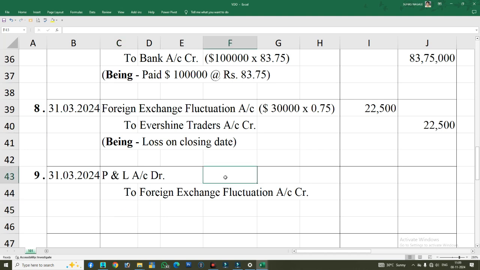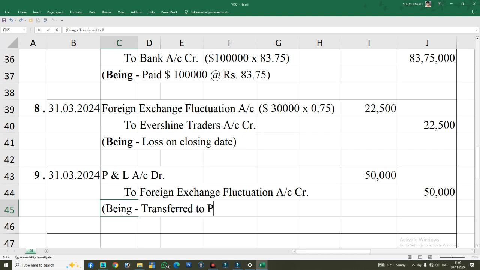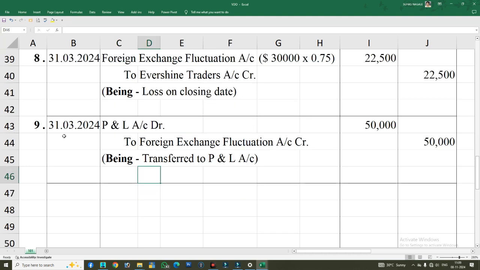The amount we have already calculated as per the foreign exchange fluctuation account is 50,000. Write the same as it is, 50,000. Write the narration: being transfer to P&L account. This is the transfer entry, transfer to final account. This is the last entry of the last financial year.